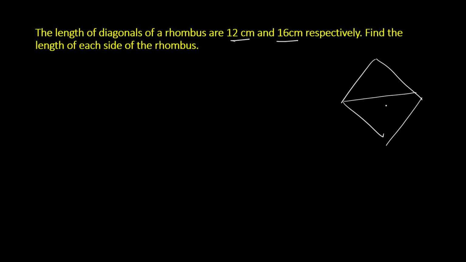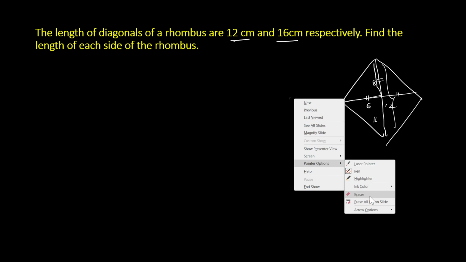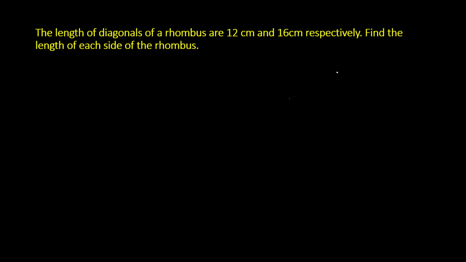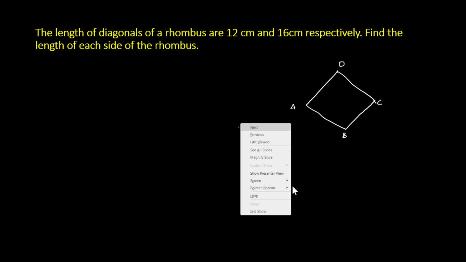సో 1 is 12 and 1 is 16. సో 12 కాబట్టి హాఫ్గా డివైడ్ అయితే దిస్ విల్ బి 6. ఈ టోటల్ హైట్ 16 కాబట్టి హాఫ్గా డివైడ్ అయితే దిస్ విల్ బి 8. సో 6 8. ఓకే, ABCD అనుకుందాం. సో we have two diagonals.